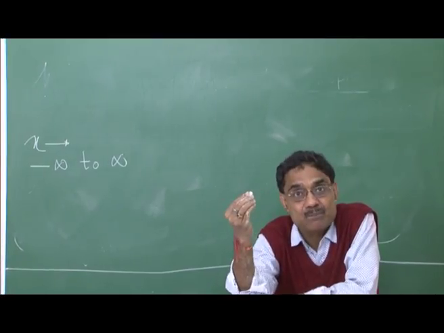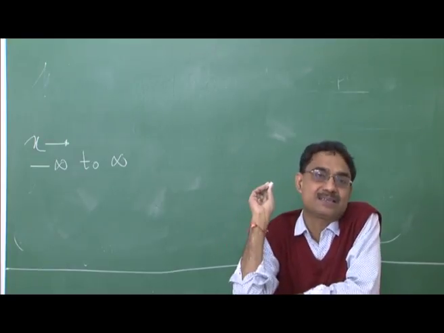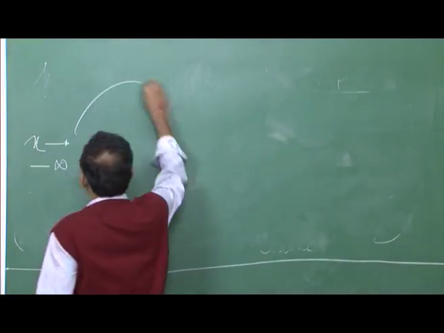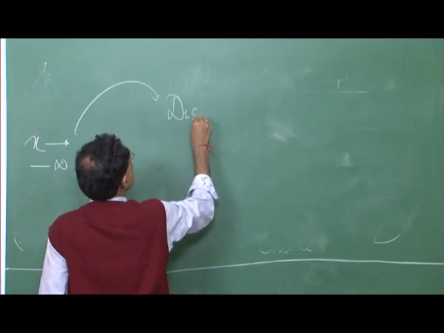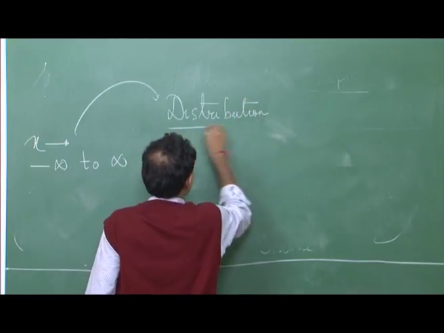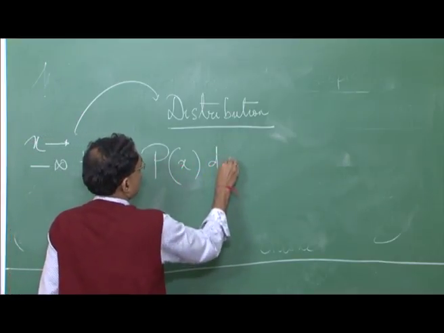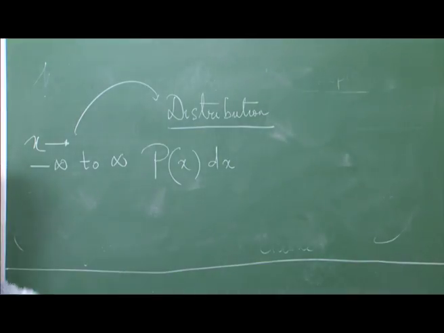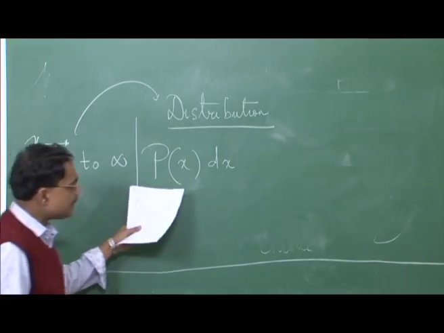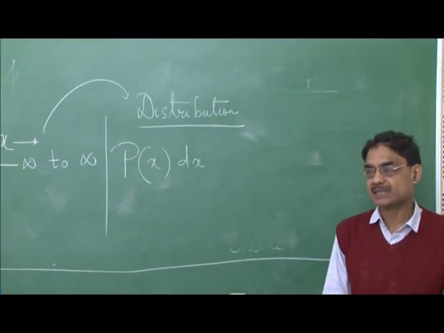We need the probability of having it between x and x plus dx. That is very important. That is called the distribution. Now I want to give you the meaning of distribution. Let us say I know P(x) dx. What is the probability? The probability is P(x) dx, the probability that x lies between x and x plus dx.